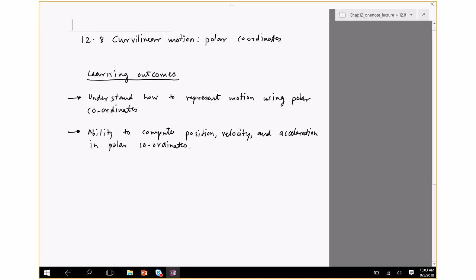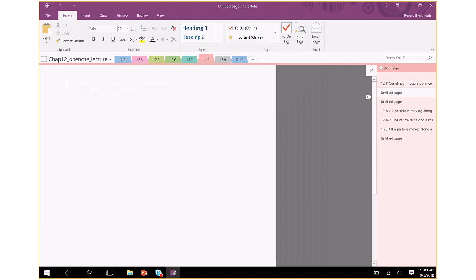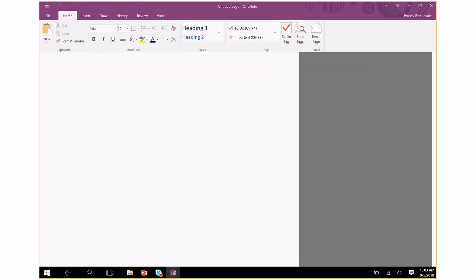and normal components, and this is the third way, which is using r theta or polar coordinates. So when do we use polar coordinates?